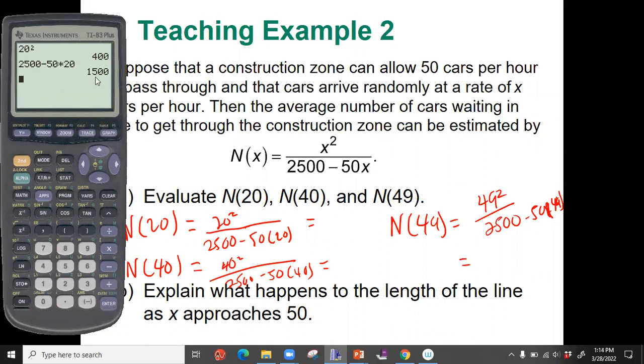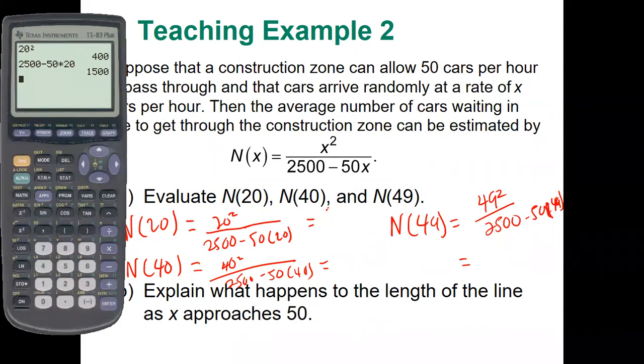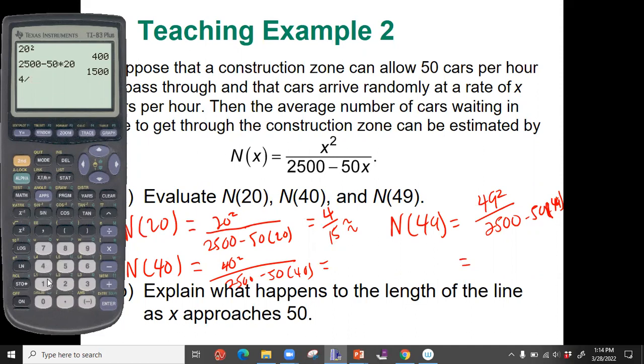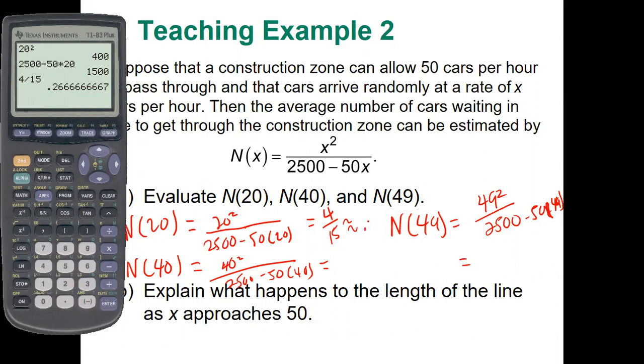So you have 400 divided by 1,500, which simplifies to 4 over 15. If I wanted the decimal approximate value, I would just do 4 divided by 15, and that's approximately 0.27.